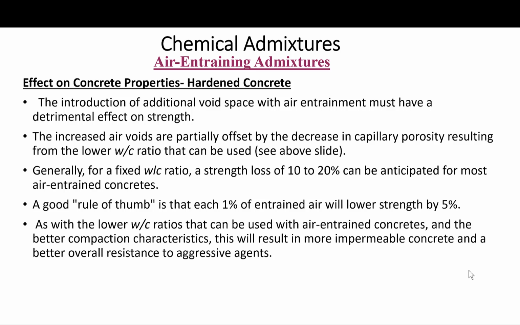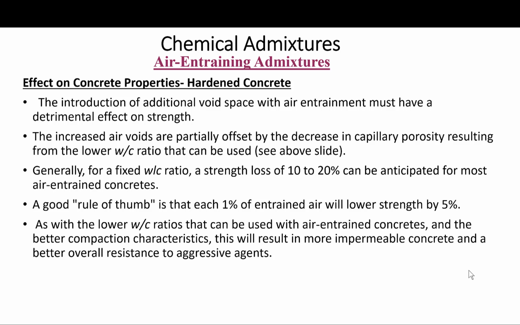It also improves the sulfate resistance of concrete, because the low water cement ratio that can be used and the better compaction characteristics result in more impermeable concrete and a better overall resistance to aggressive agents.